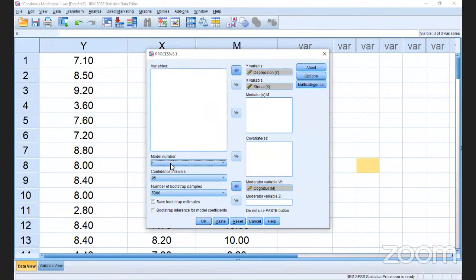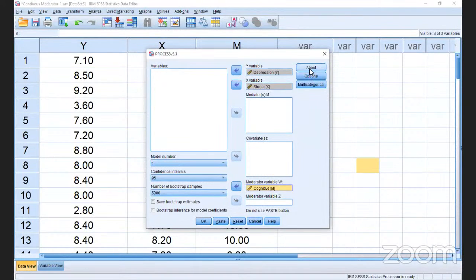When you download this PROCESS macro, you will get the template, and in the template there are a large number of models, model number 1, model number 2, model number 3, very complex models you can see. So I am using a very simple model. Here depression is the dependent variable, stress is the independent variable, and the moderator variable W is cognitive.